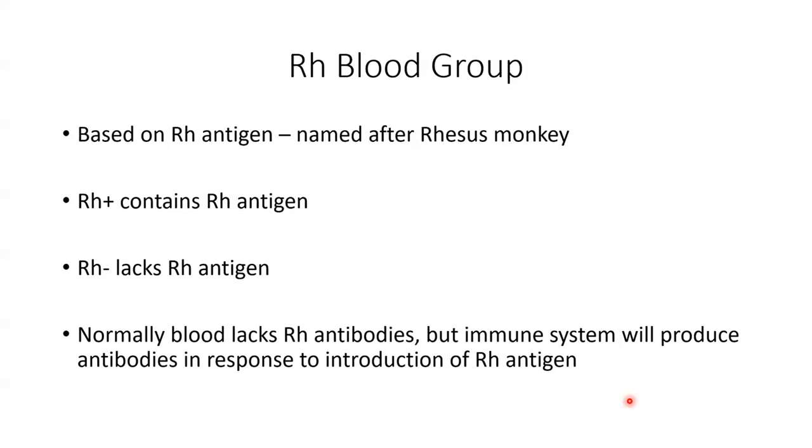Rh blood group is really important in pregnancy when you might have a mixing of blood between the mother and the fetus. Not as important in the first pregnancy if the body doesn't have any of those Rh antibodies. Potentially dangerous in the second pregnancy if you do have those Rh antibodies present in that blood plasma.